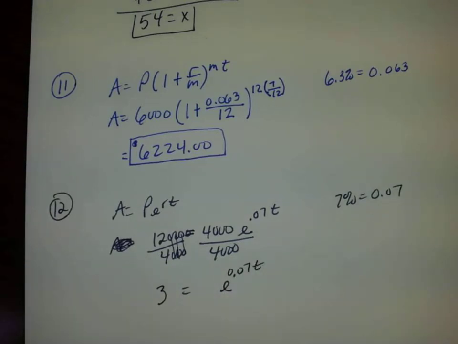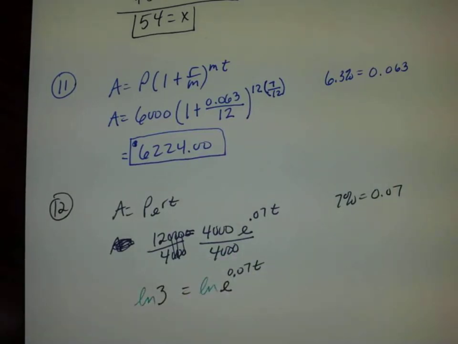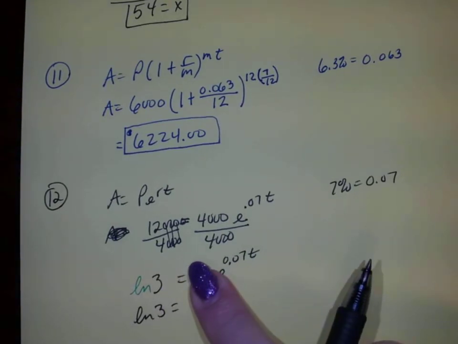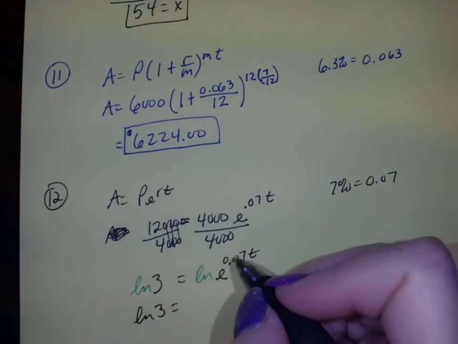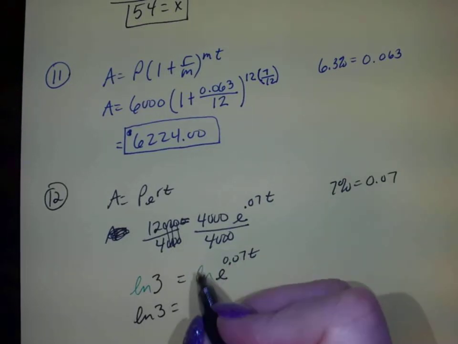Now what I want to do is take the ln of both sides. So I have the ln of 3. The ln and e undo each other, so they will go away. And we're left with our exponent that could be brought out to the front.